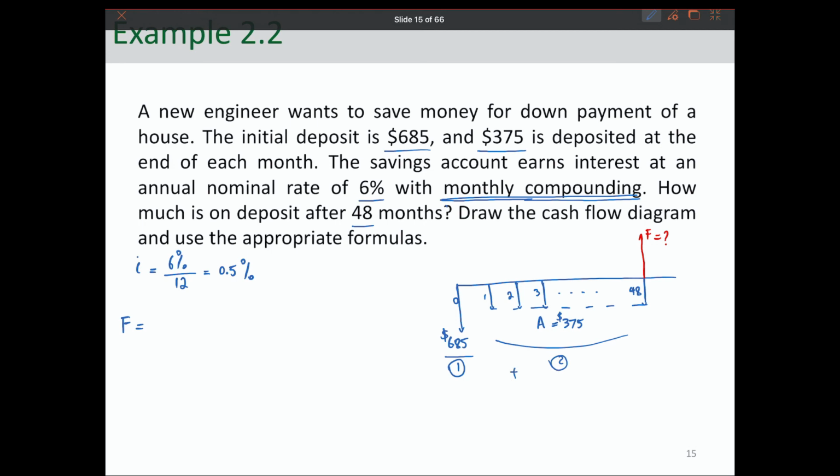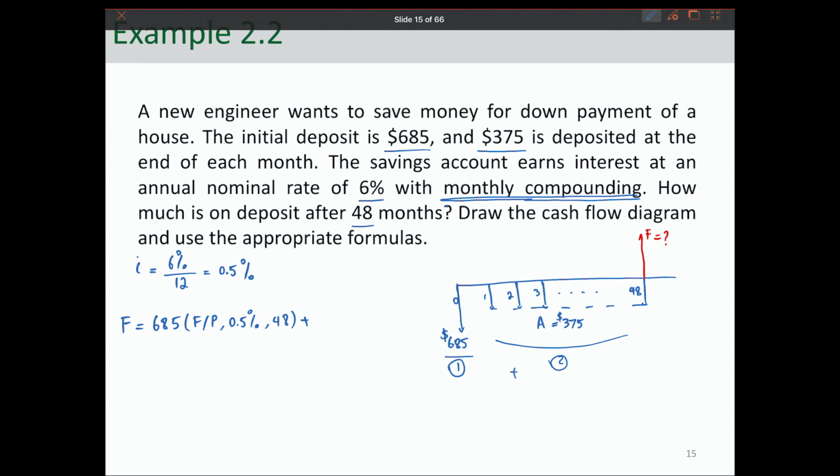So 1 plus 2 is what we need to look at here. F, or future value in total, would be equal to $685. 685 is a present value, so we can multiply that by F given P of 0.5% and 48 periods. We need to add part 2 to this.